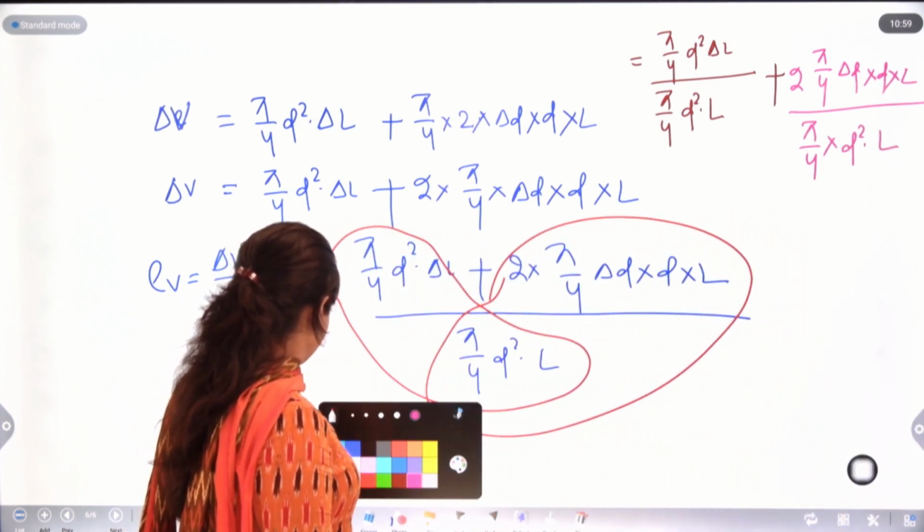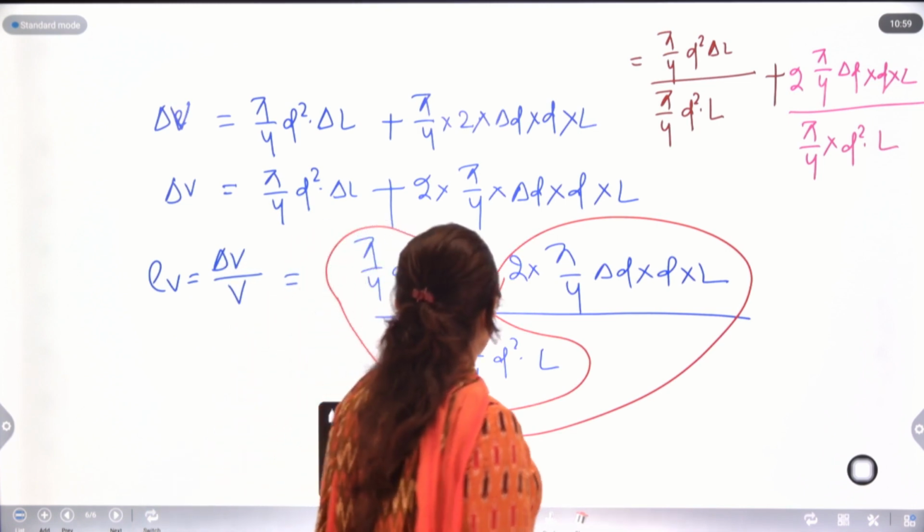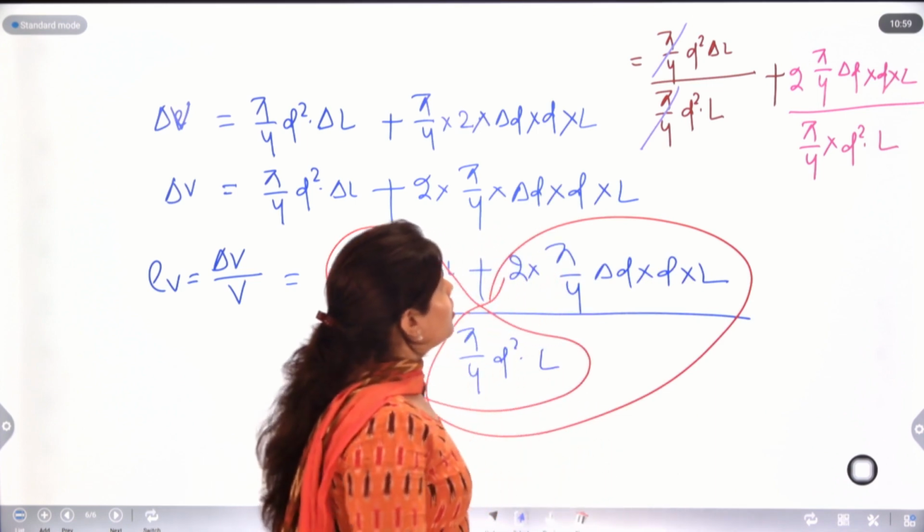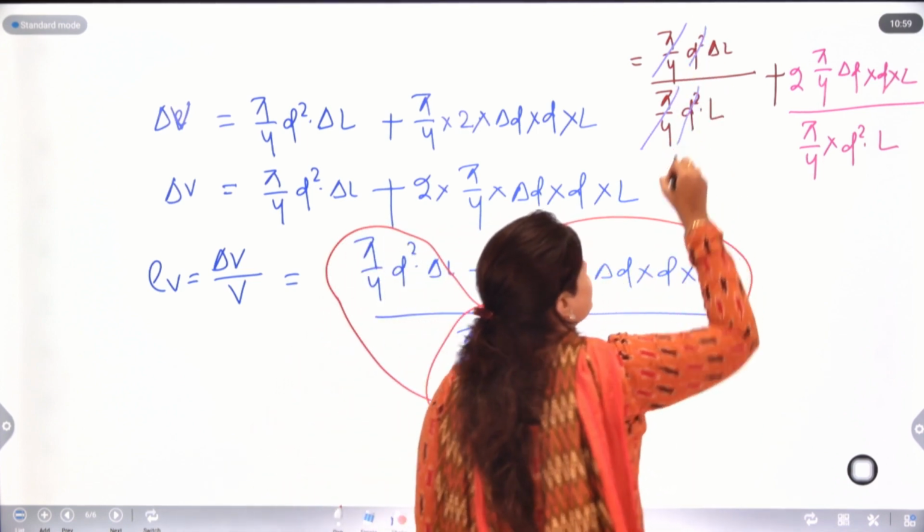So what do we get now? We can cancel pi by 4 with pi by 4, D square with D square.